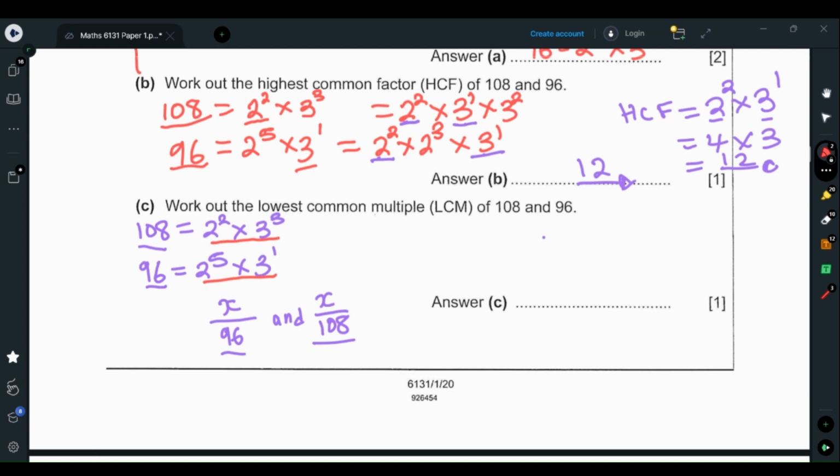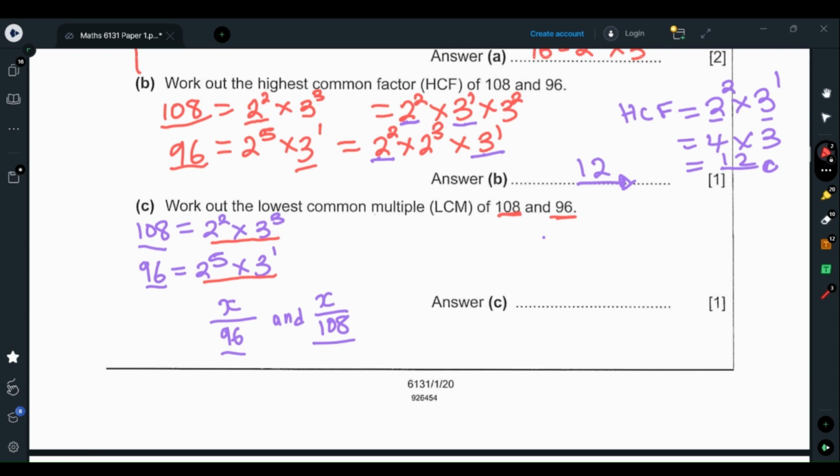Let's look at C. Work out the lowest common multiple of 108 and 96. The lowest common multiple is the lowest number that is divisible by 108 and 96 without a remainder.